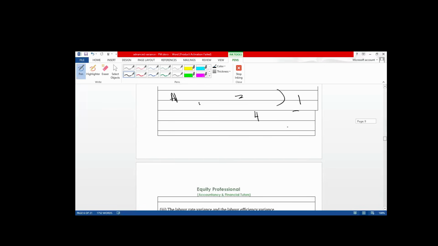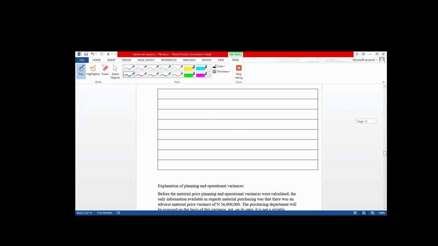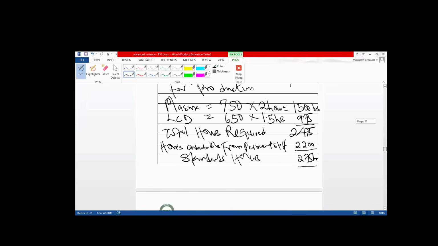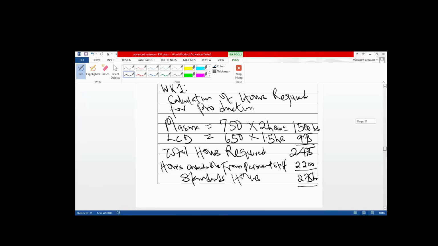We now calculate. Look at the calculation here. Calculation of hours required for production. We produce 750 plasma, and to produce one standard unit requires 2 hours. That means standard hours for actual production for plasma should be 1,500 hours.